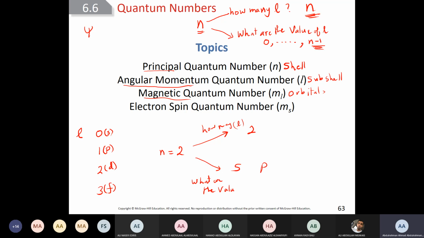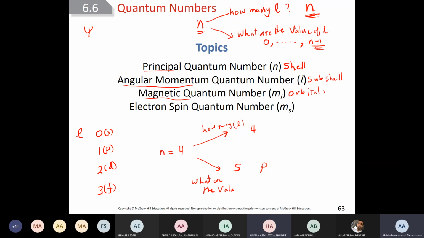Fantastic. And last thing, how about if N is 4, then how many solutions do I have? 4 solutions. What are the values?